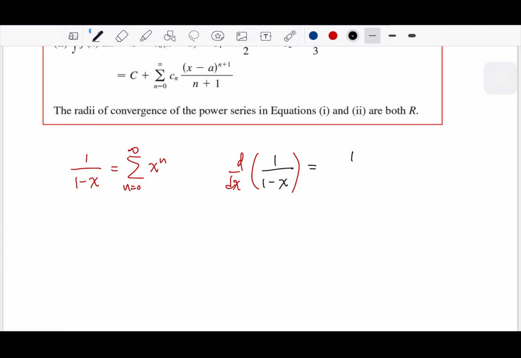If we derive, this will result in 1 over 1 minus x squared, right? Because it has the negative, it will be multiplied with another negative and become positive. Or we can think this is minus 1, and then multiply with minus 1.